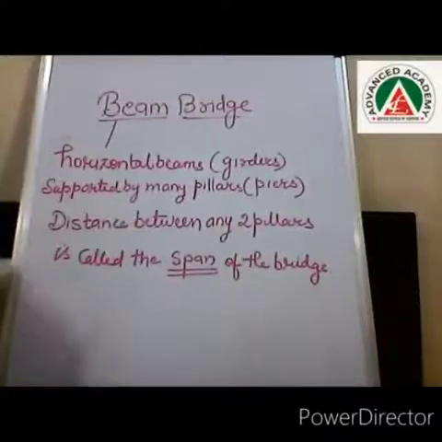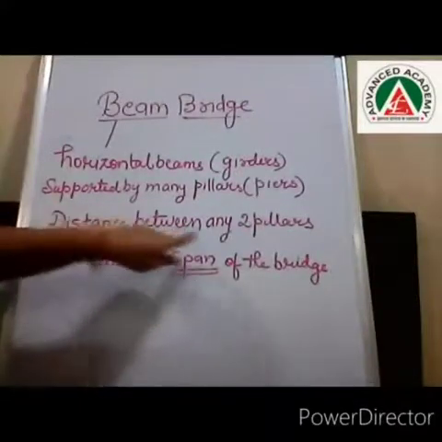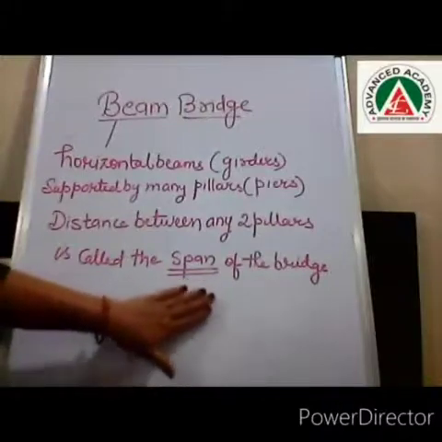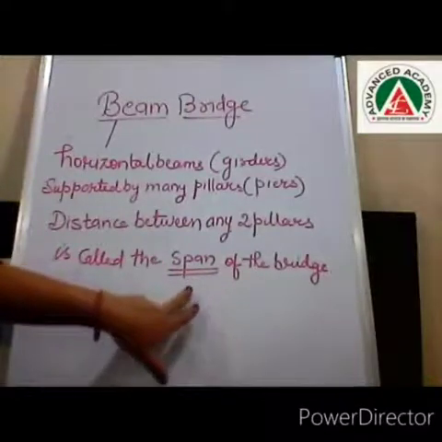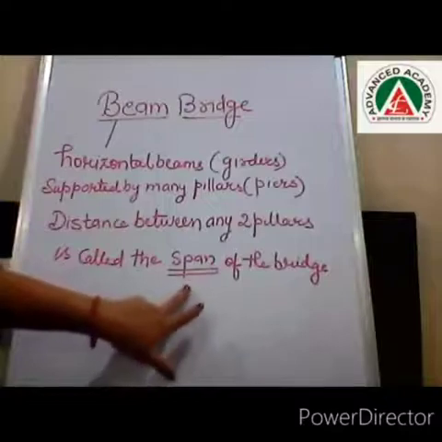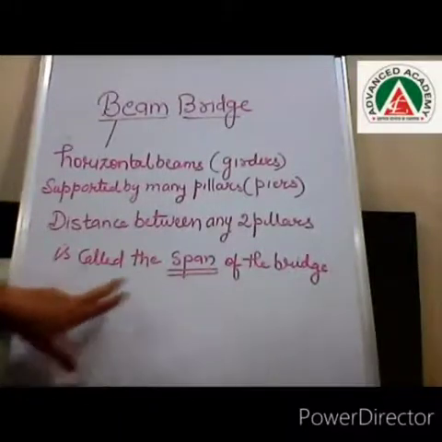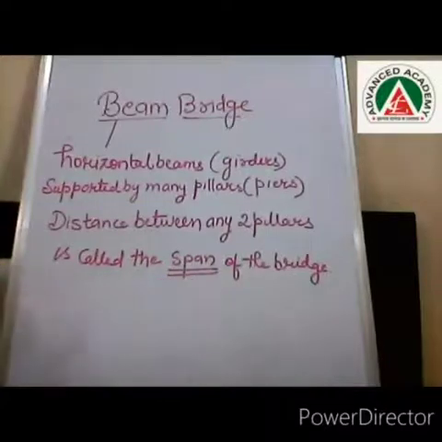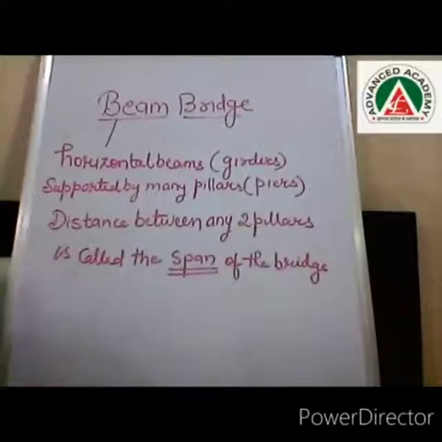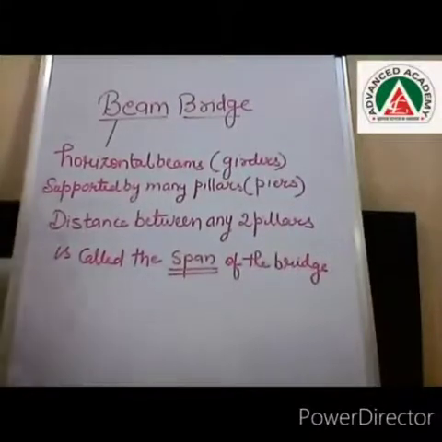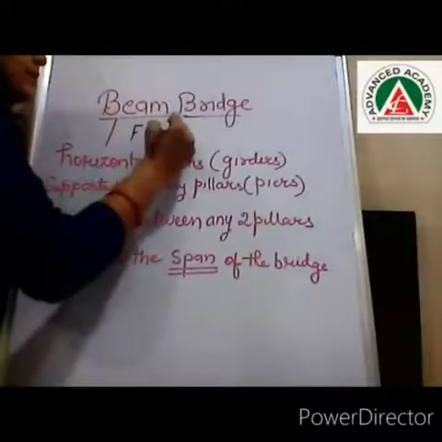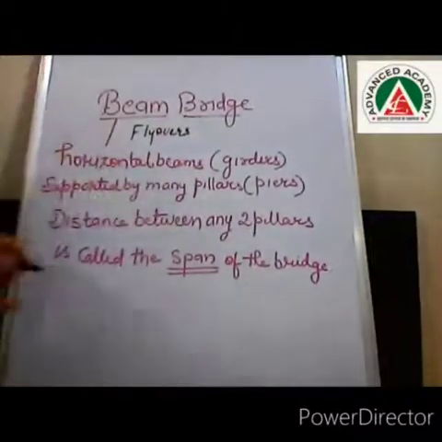The distance between any two pillars is called the span of the bridge. A few examples of beam bridges are flyovers and pedestrian bridges for people to cross.